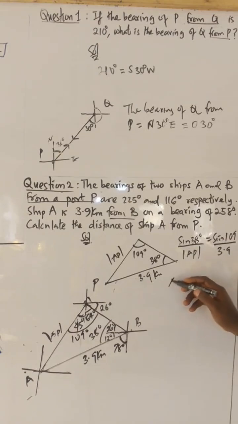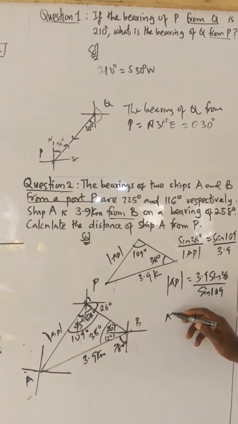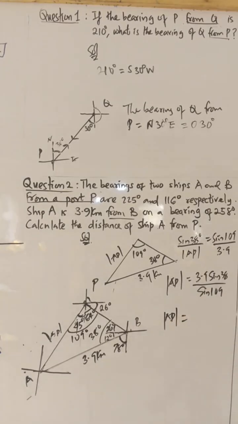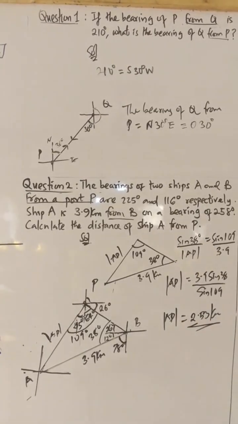From where we make AP the subject, AP equals 3.9 times sine 38 over sine 109. If you press directly on your calculator, you get AP to be equal to 2.53 kilometers. Final answer.